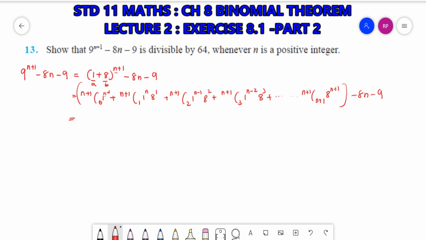(n+1)C0 is 1, 1 raised to n plus 1 is 1. (n+1)C1 is n plus 1, and into 1 raised to, it will be 1, into 8. So remaining is 8.